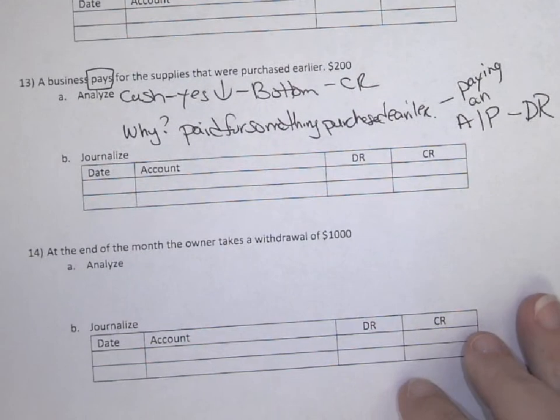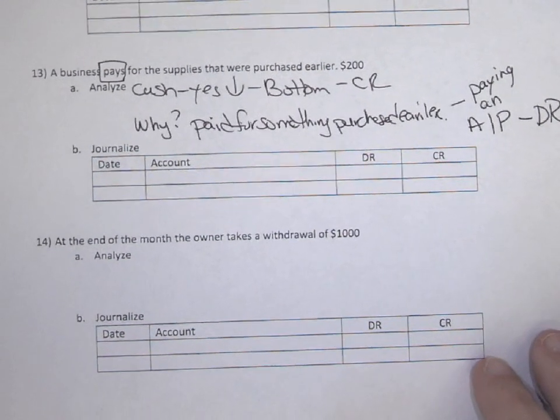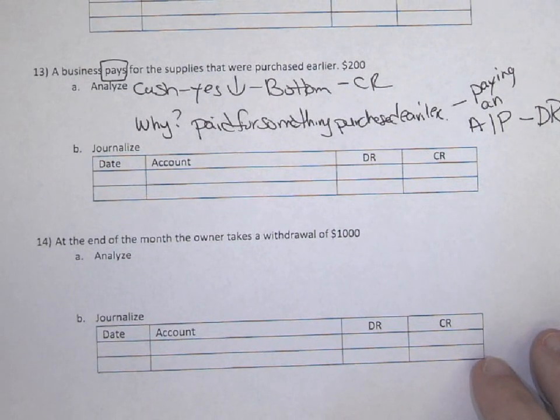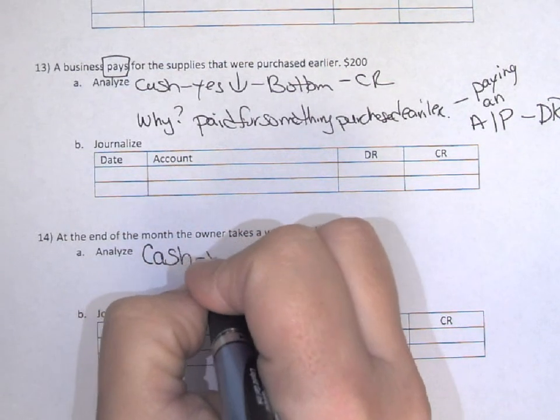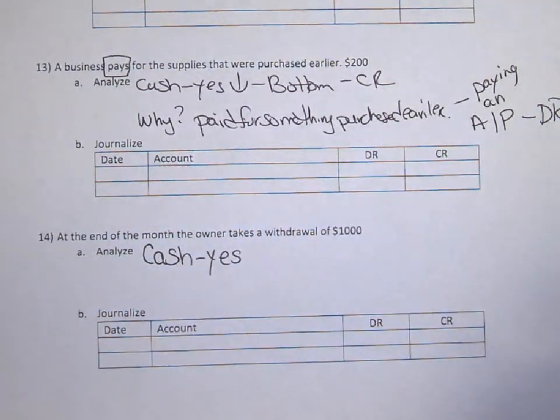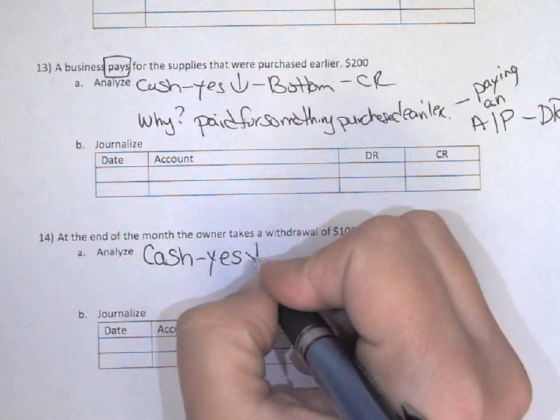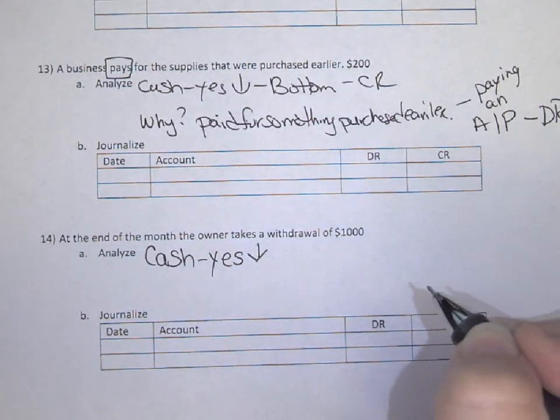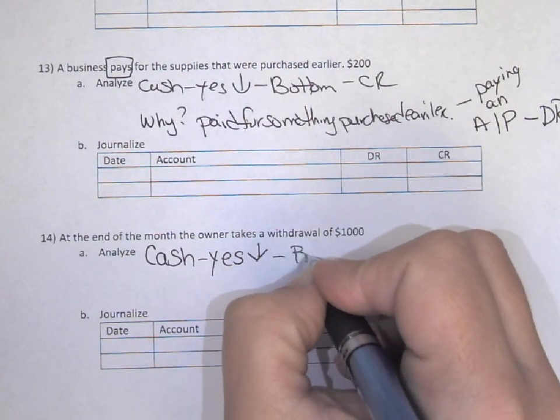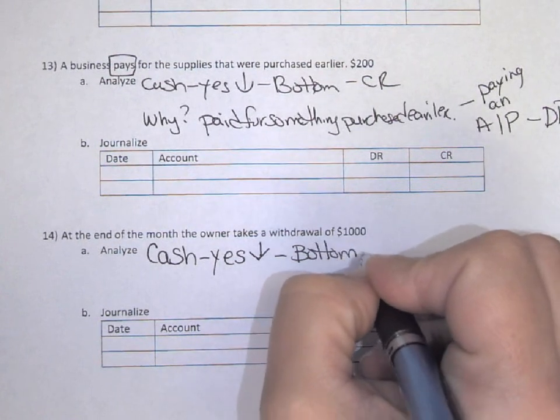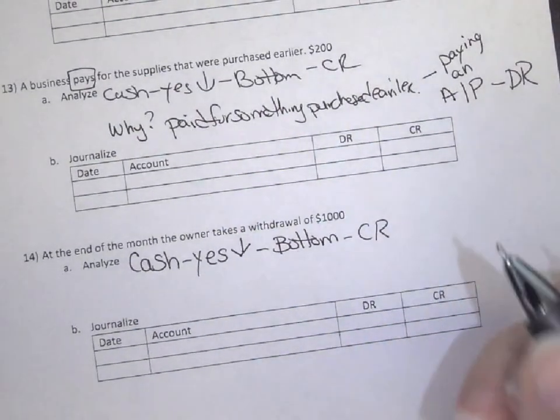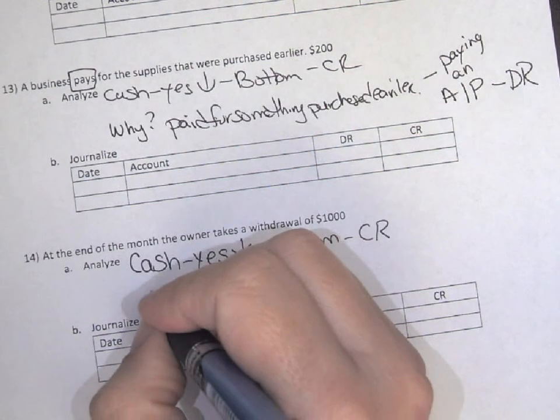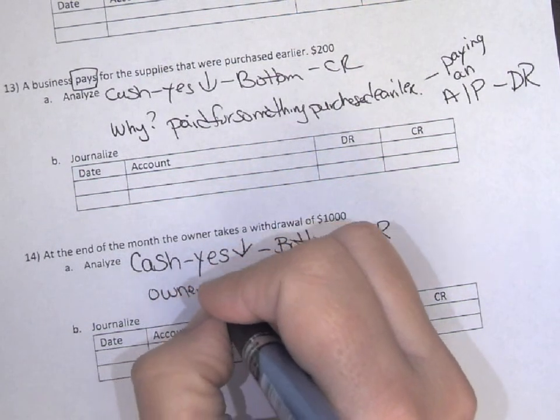Now at the end of the month, the owner takes a withdrawal of $1,000. So again, is cash involved? Yes. What's happening to it? Well, the owner took money out of the business. That means the balance is going down. It's on the bottom. This will be a credit. Why is our cash going down? Well, the owner took money out.